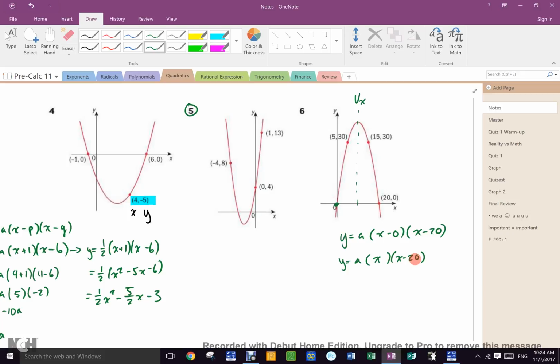So can you use 5, 30, or 15 and 30 to plug in? Yep. Any x and y. The same answer. Just like with a line. If the point is on the line, the x and the y work in the equation. Any x and y that work in the equation will end up on the line. Okay? So here again, you would work it out in any way you see fit. I can leave that now?